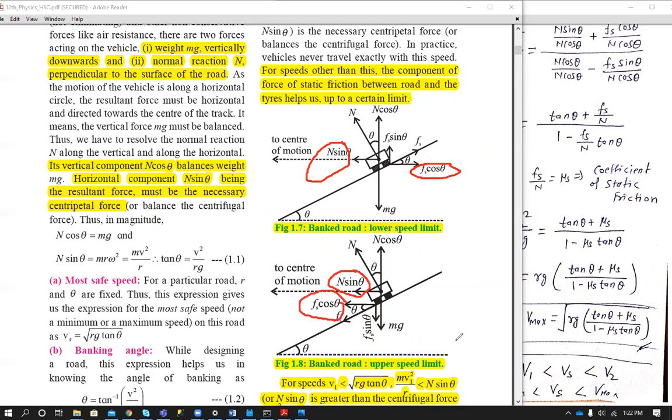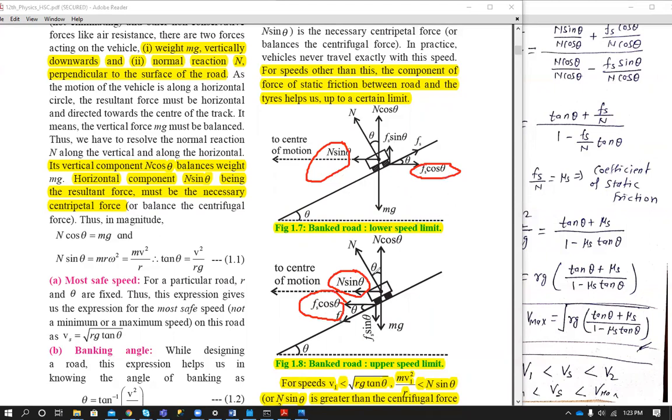As I already said, speed is increasing, so centrifugal force increases, and we know that the magnitude of centrifugal force and centripetal force is the same. So the centripetal force will also increase, that's why the centripetal force is now provided by n sin theta plus fs cos theta, whereas in the lower speed limit case, it is n sin theta minus fs cos theta.